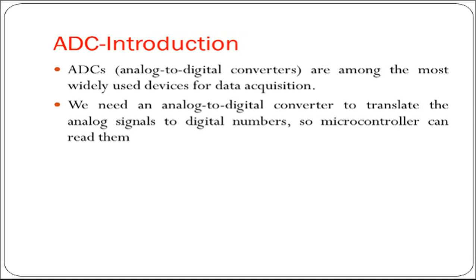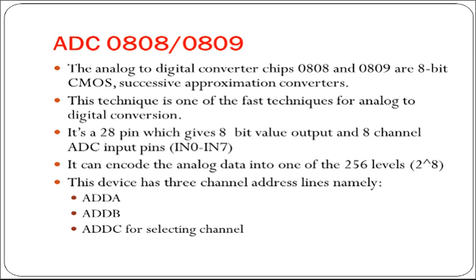Let's see one such chip, the ADC 0808/0809. This one is an 8-bit CMOS chip. It uses a successive approximation technique to convert the analog data into digital format. This is one of the fastest techniques of converting analog data into digital format.